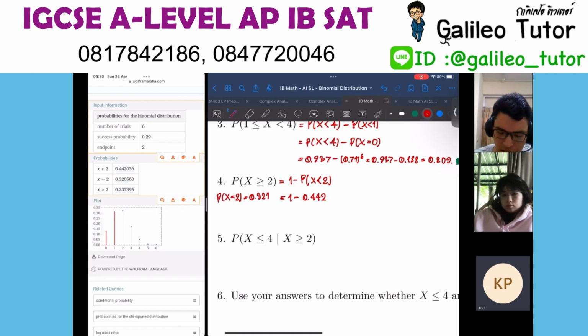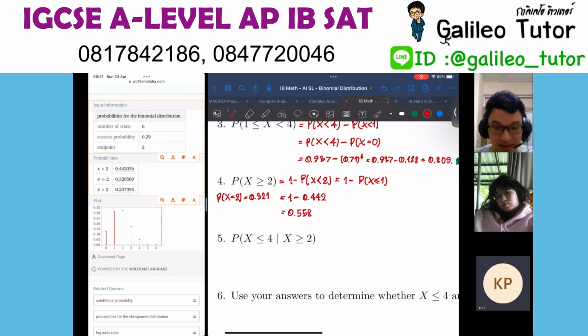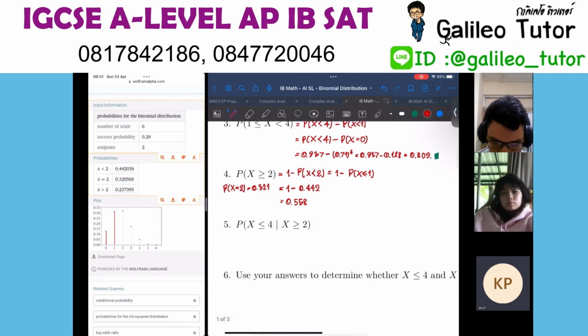Less than 2 is equivalent to x less than or equal to 1. So it's going to be 0.558. Okay, number 5.